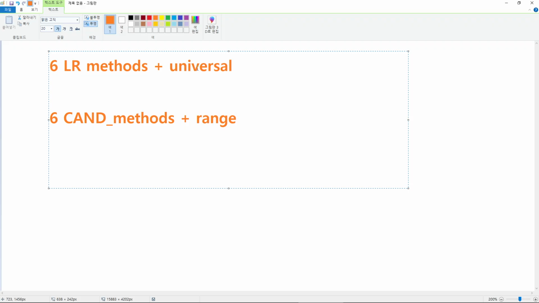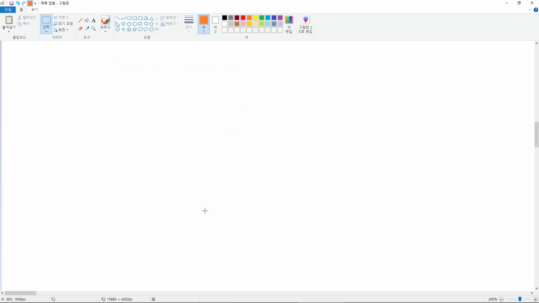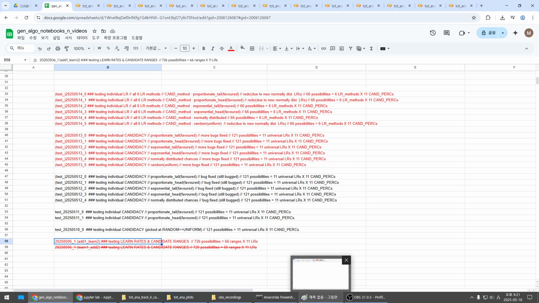Picking this along with this gives us 726 different combinations, or combos, that I have done a video about previously. But today I'm going to go through the rest of the possible combinations. So that was rather a long introduction.